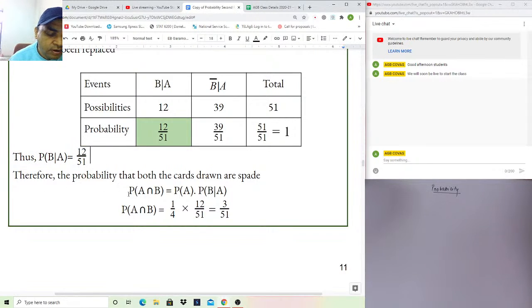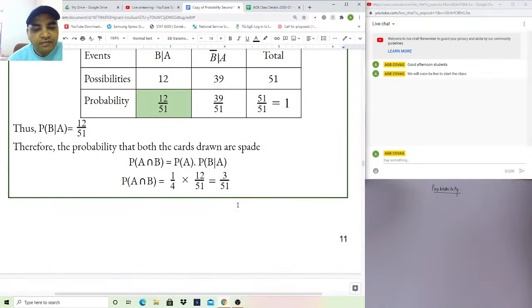So according to our formula, P(A intersection B) should be equal to P(A) into the conditional probability of B when A has occurred. So this is 1 by 4 into 12 by 51. It comes out to be 3 by 51. So 3 by 51 is the probability of getting two spades consecutively from a deck of 52 cards.